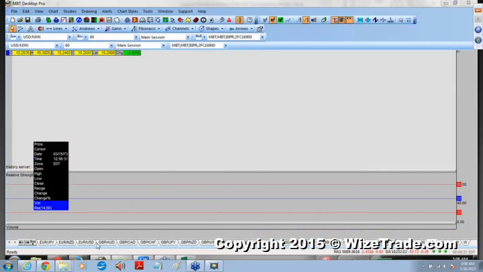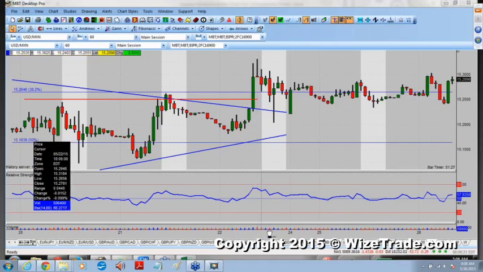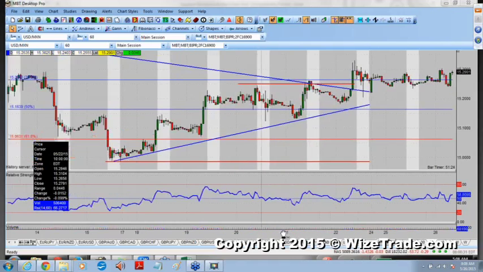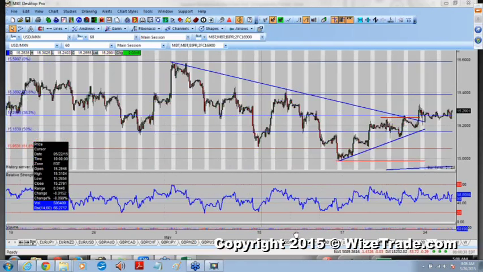Let's see if the peso's doing anything. The peso's holding up pretty well.